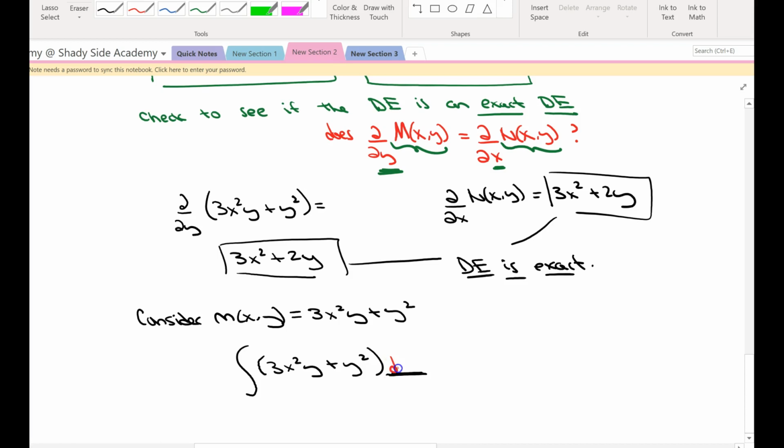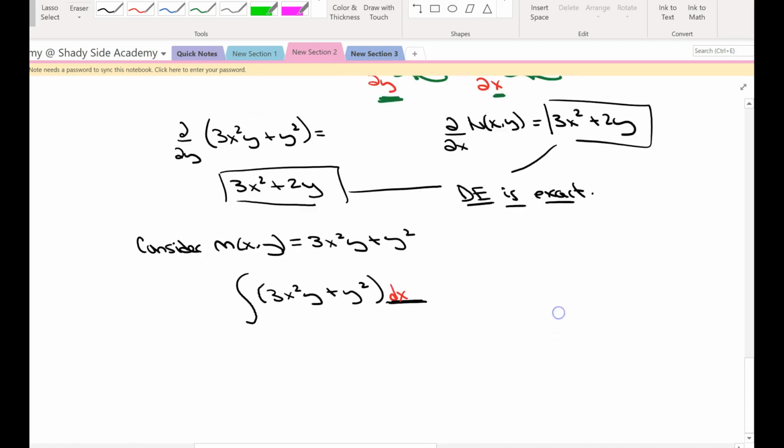The dummy is x. Okay, when I integrate this with respect to x, I get x cubed y plus xy squared. Now, this is very important, plus c, but I'm not going to write plus c.